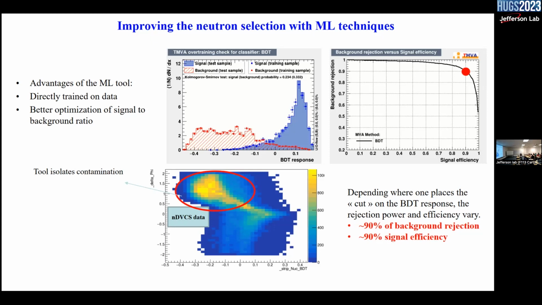The background would be the proton DVCS, which has a much bigger asymmetry, like 25%, while the asymmetry for NDVCS is 4 or 5%. So if you have even a small contamination of protons, it's going to give you a fake asymmetry that you then have to find a way to estimate and subtract.